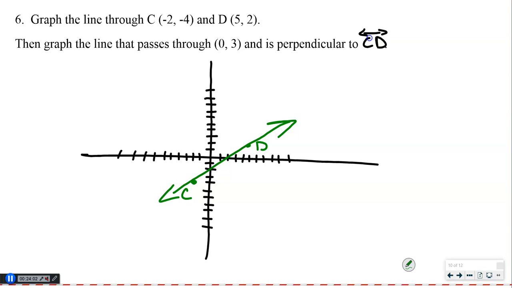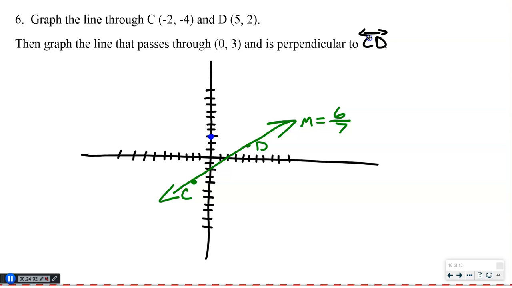And we need to make a line through point 0, 3 that is perpendicular. So it needs to have a slope that is the opposite reciprocal of line CD. And since line CD is the same as the previous problem, we know the slope was 6 over 7.